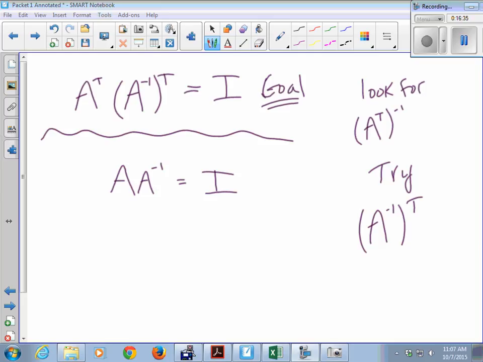If I take the transpose of both sides of this equation, is that allowed? Okay. What's the transpose of the identity matrix? It's still the identity. If you make all the rows columns and columns rows, it's still going to land at the identity. How do you take the transpose of a product?